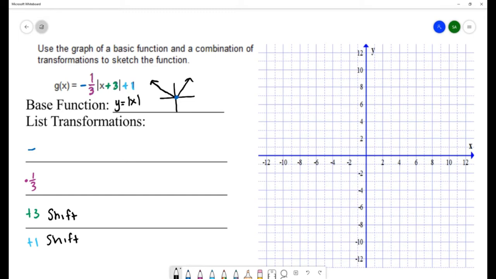The next category is to multiply by a negative, and when you multiply by a negative, you get a reflection. And when you multiply by a number that's not equal to 1, we get either a stretch or compression.